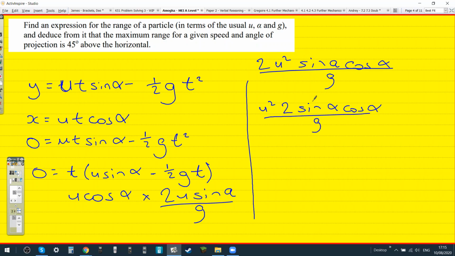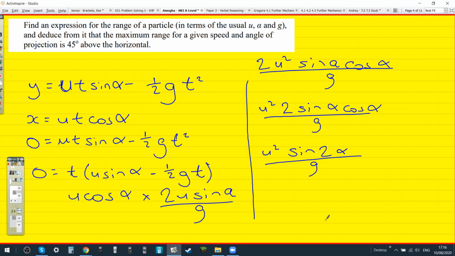What do you know about 2 sine alpha cos alpha? It's the same as sine 2 theta. So that's basically 2 sine squared alpha, because sine alpha is equal to cos alpha for 45. I'm just wondering, but I don't know how you figure out that it is 45, if we have to prove that. Let's see.